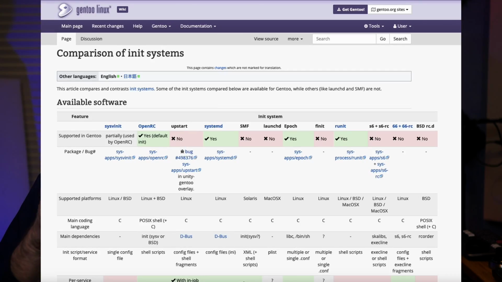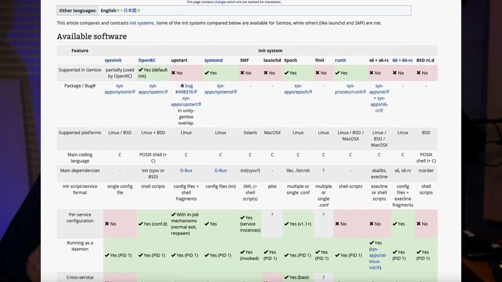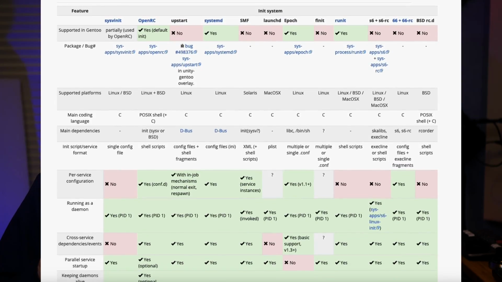So because of some of the problems in System V's inherent serial execution, which of course slowed down the startup, there were a lot of alternatives that started to appear, and one of them was OpenRC. Then came Upstart, and then finally systemd.